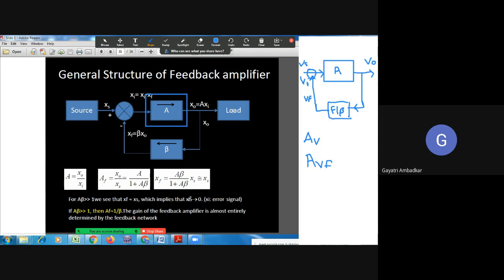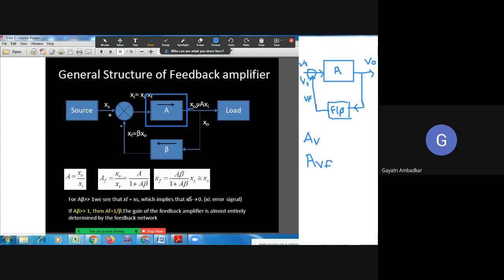If you want to give feedback, what is done? The output voltage, the output which is given to the load, some part of it is provided to the feedback network. Beta indicates here a feedback. Okay. So there is an amplifier, and the output of the amplifier is treated as XO. Look at this signal output. X stands for the signal.